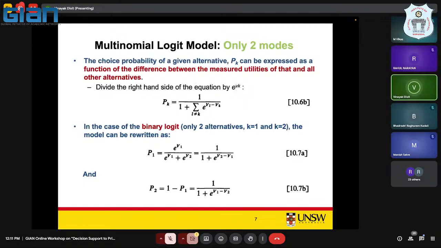A multinomial logit model is when you have multiple modes. So the choice probability Pk becomes exponent of Vk divided by the sum of exponents of all the k options. Is that making sense?